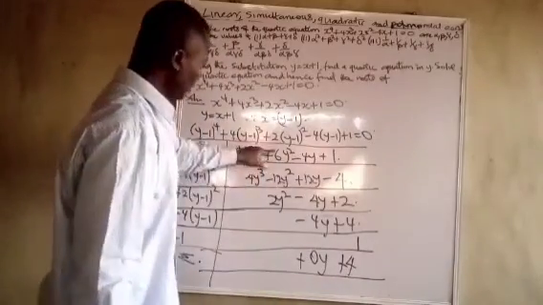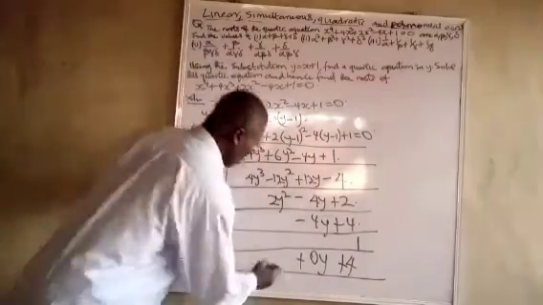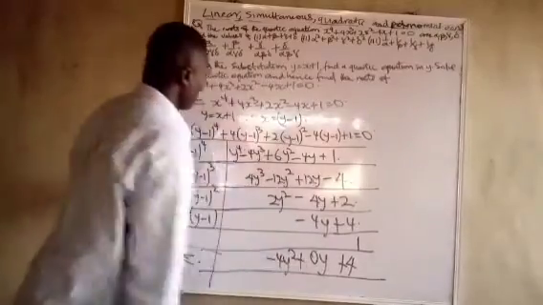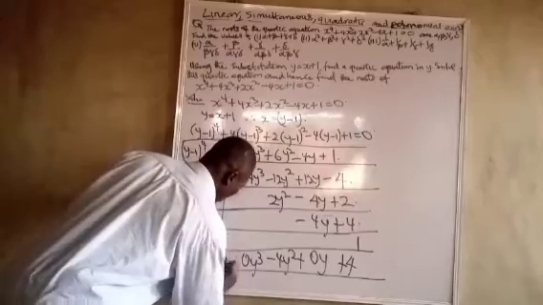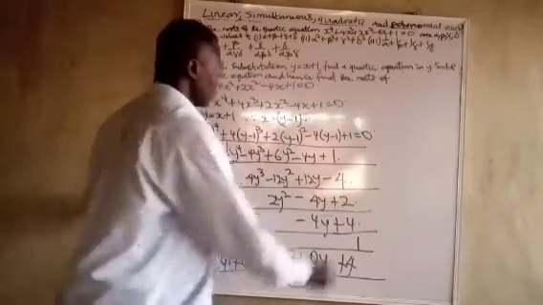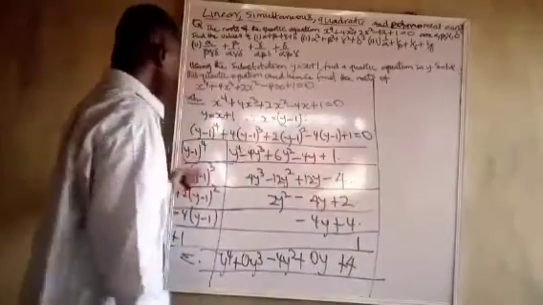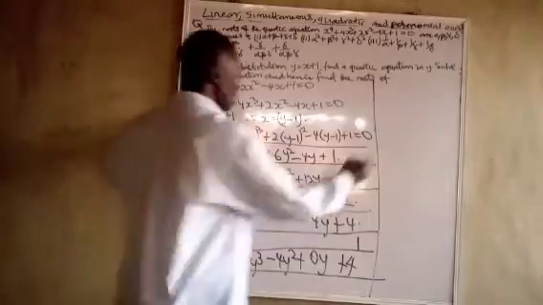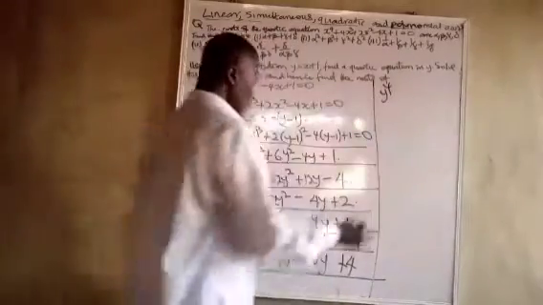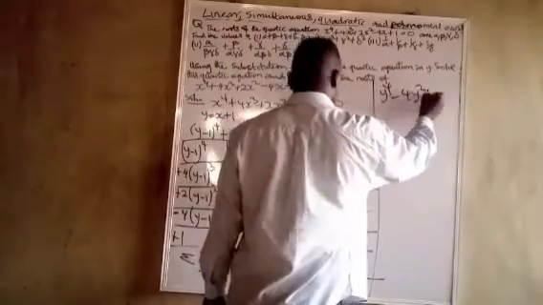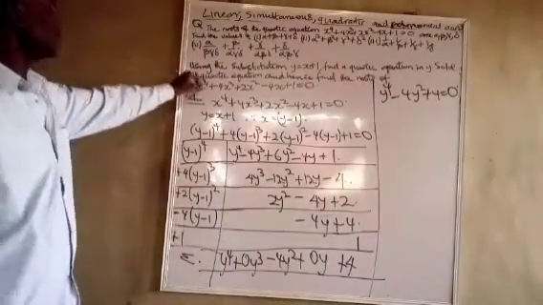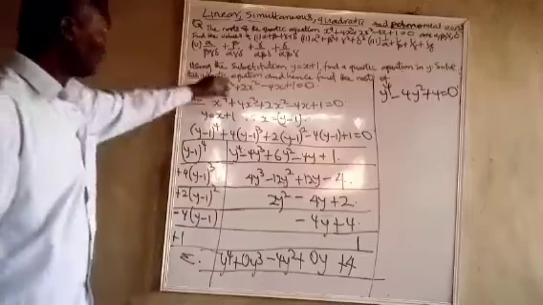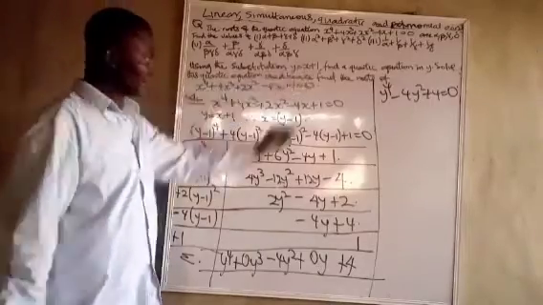So 6, 2, minus 4y squared. This one cancels. And this one, y raised to power 4. So at the end of the day, the answer for this one is going to be y raised to power 4 minus 4y squared plus 4 equals 0. So that is the answer. That's the new quartic equation formed, where y equals x plus 1. That's the new quartic equation.